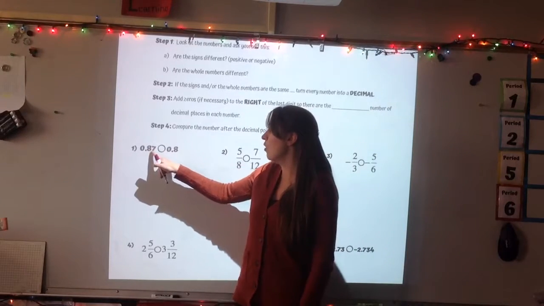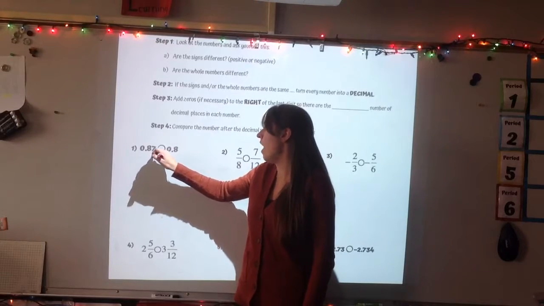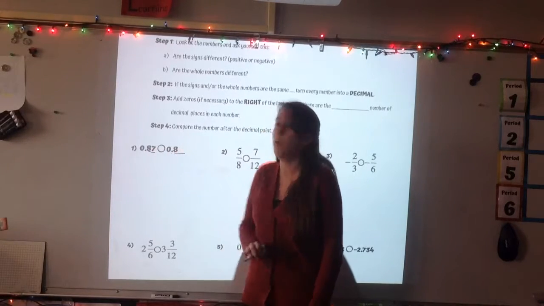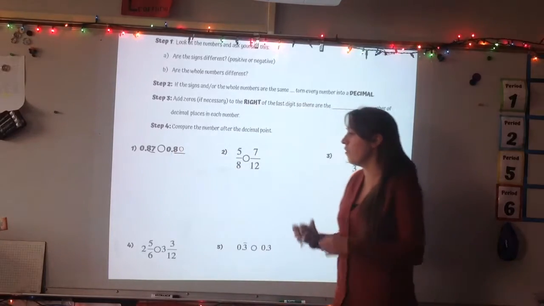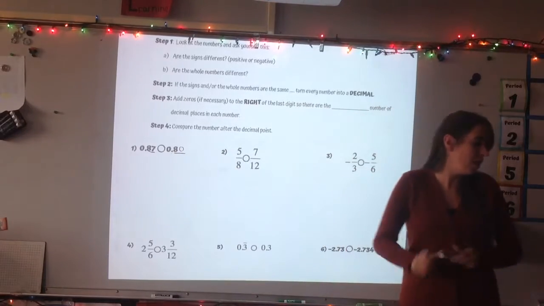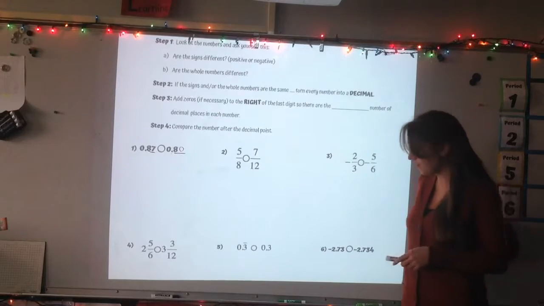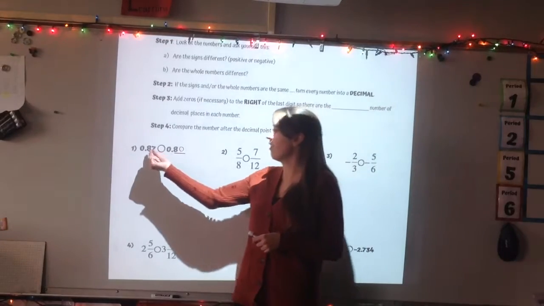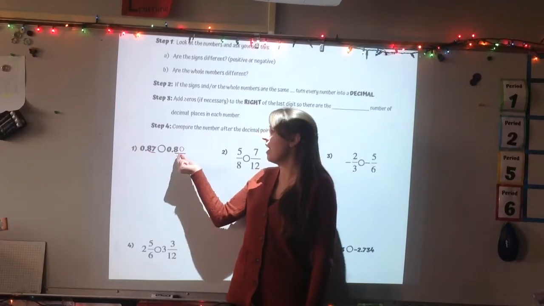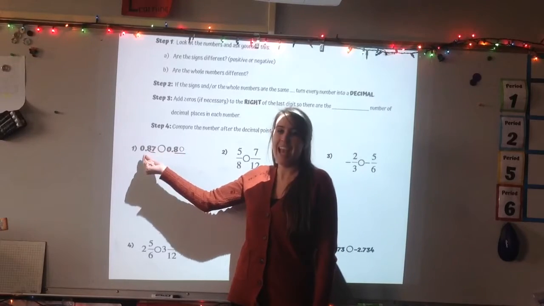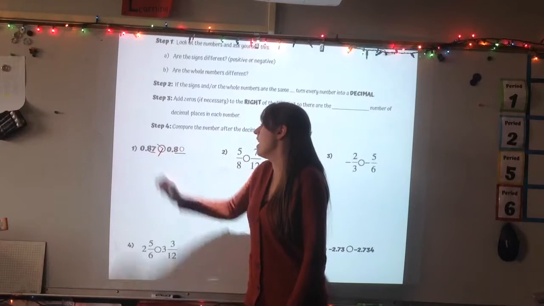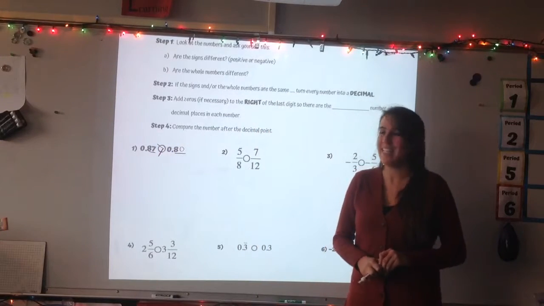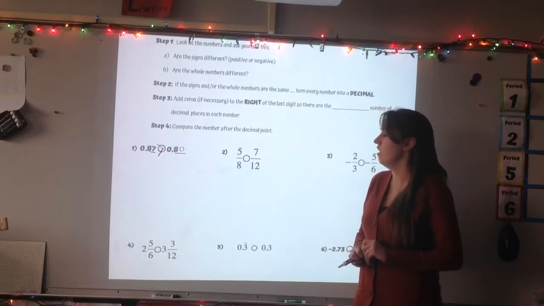Here I have 2 decimal places, so I want to make sure that I have 2 decimal places there too. So I'm going to add a 0 so that now they both have 2 numbers after the decimal point. And now I can just look at this part, 87 and 80. Since it's positives, 87 is bigger than 80, so 87 hundredths is greater than 8 tenths, or 80 hundredths.